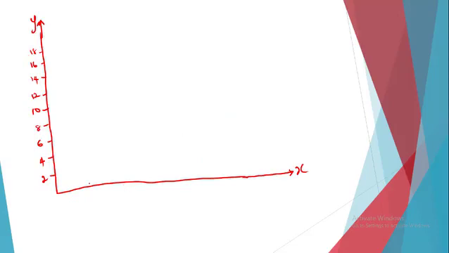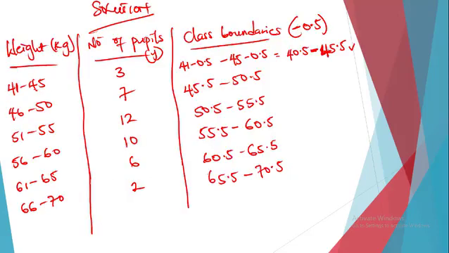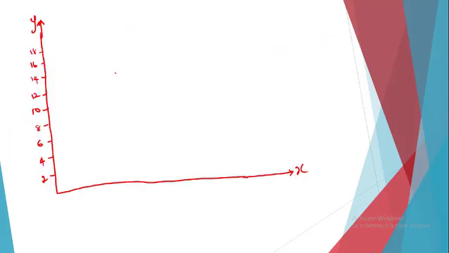Now for weight 41 to 45, we have the class boundary 40.5 to 45.5, and the height is 3. So 3 will be in between 4 and 2, and this point is 40.5, while this point is 45.5. Do you understand? That's how we do that.